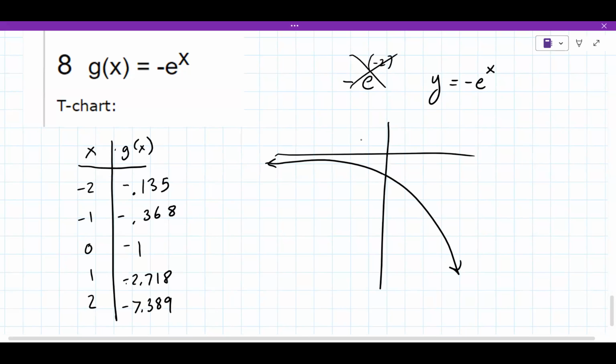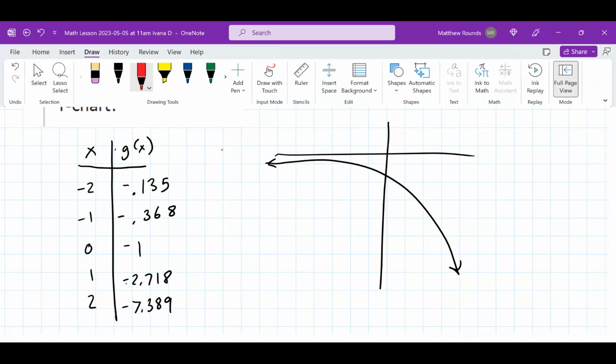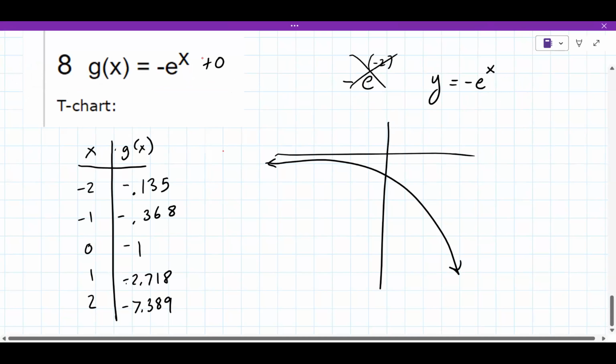Is there anything being added to the right here? No. So +0 again. Do you remember what this value represents? What does it represent on the graph?